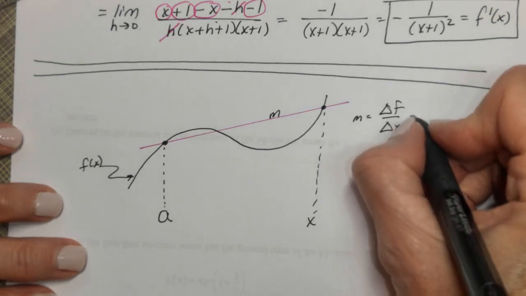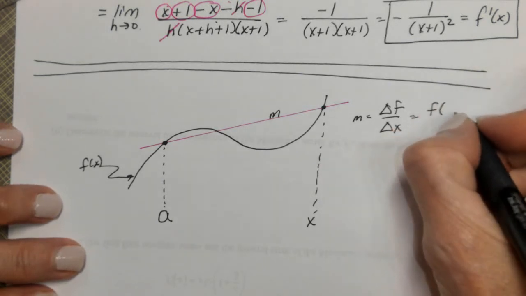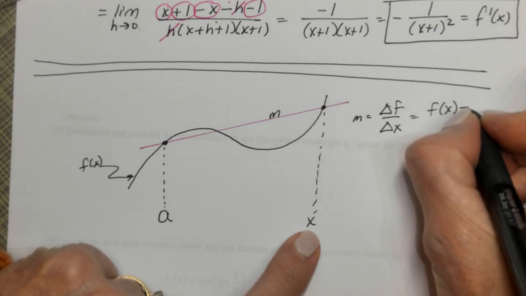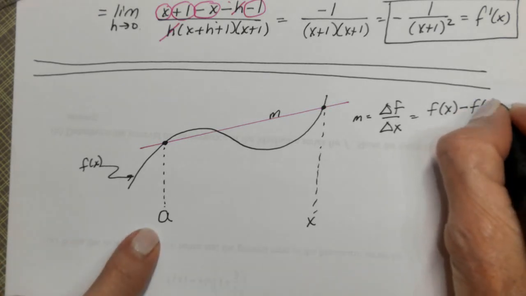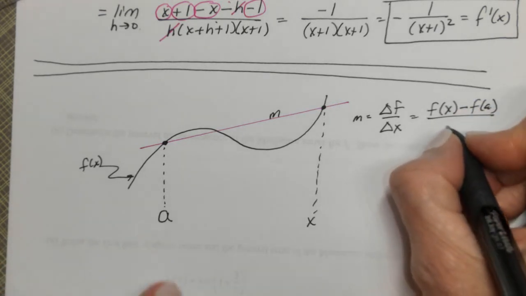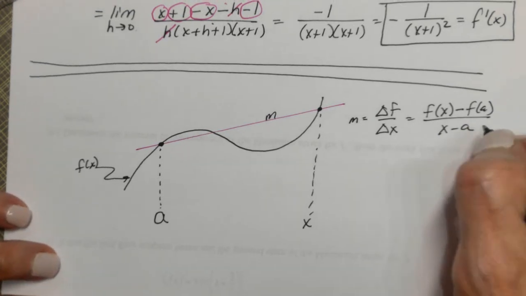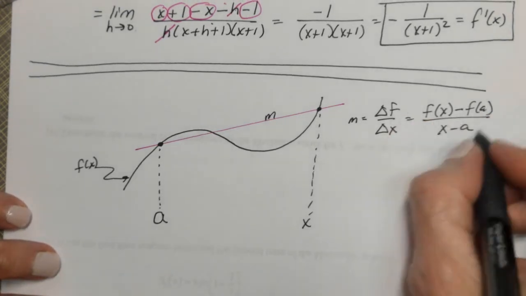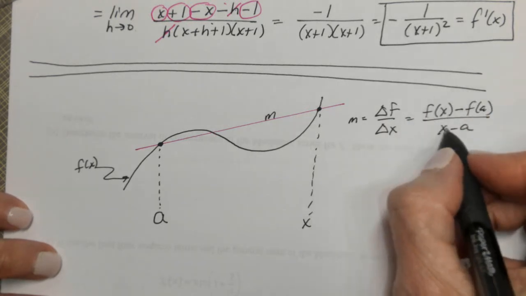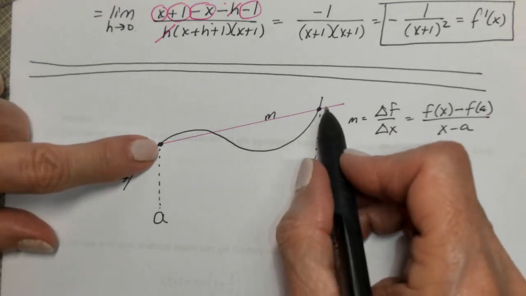That would be f at x minus f at a, all divided by x minus a, the difference of the x's. So that is the slope between these 2 points.